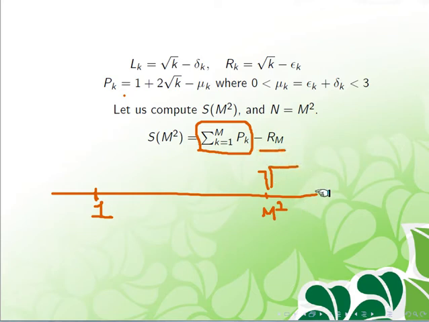The right side squarish number is subtracted off after you add all these pk's, which include this right side squarish number. In the definition of the right side of a squarish number, we did not include m squared, so this is the correct thing to subtract. We don't have to worry about whether to throw back in m squared or not. This rm does not include the left bound in there.